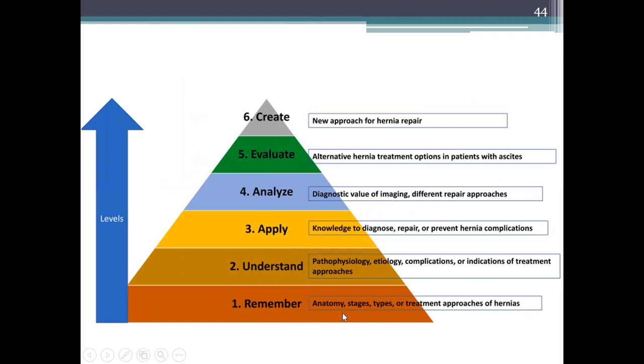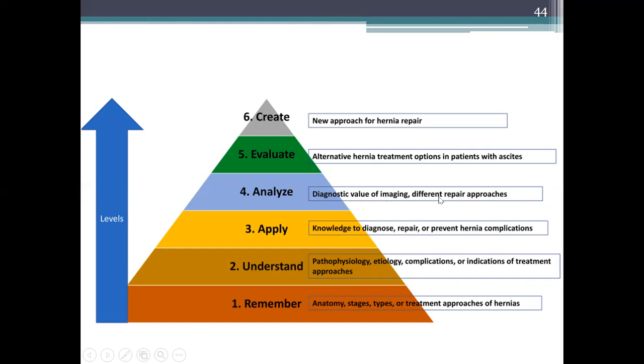So remember, this is just anatomy, stages and treatment approaches to hernia, pathophysiology, indications and complications, the causes of hernia, how to diagnose, and how to prepare for or prevent hernia complications. You will use all this knowledge to answer and cope with such situations.